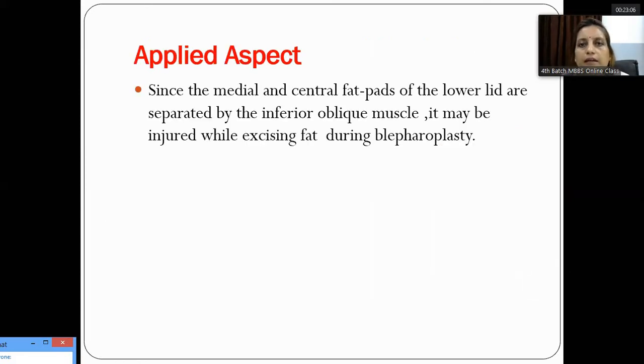Applied aspect: the medial and central fat pads of the lower lids are separated by the inferior oblique muscle. It may be injured by excising the fat during blepharoplasty. So during the surgery of this blepharochalasis, if we are not careful during the incision, we can injure these muscles.